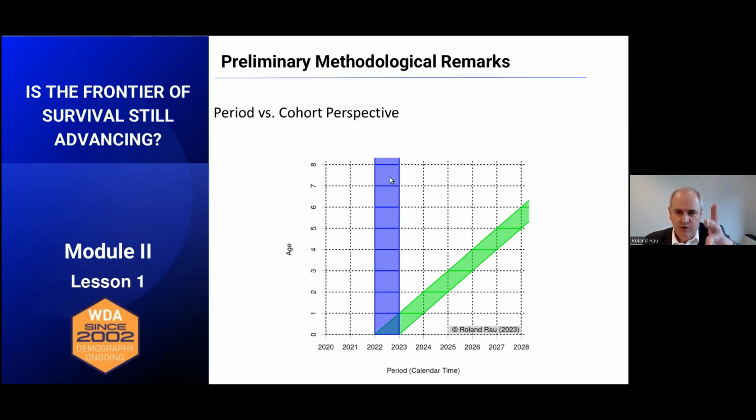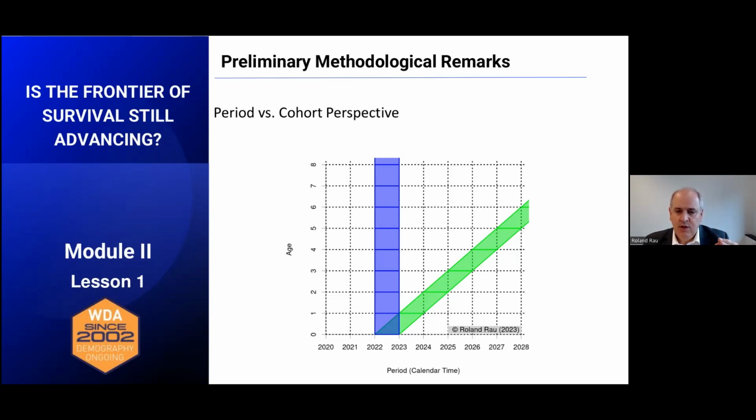So we make a cross-section in time, and based on those death rates, there are some equations to estimate life expectancy. So this is what is actually reported, and this is also the measurement of life expectancy I want to use in the remainder of my module today. So please keep this in mind.